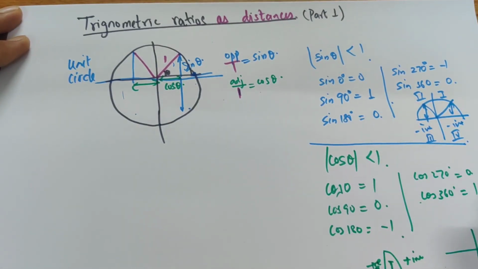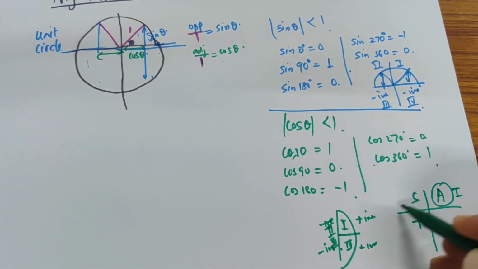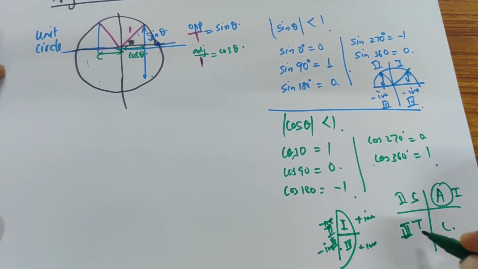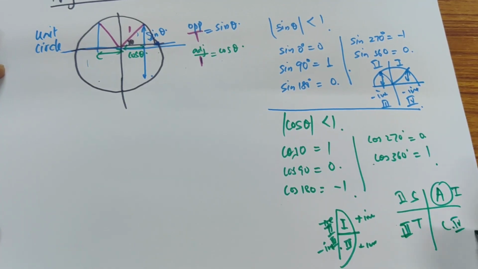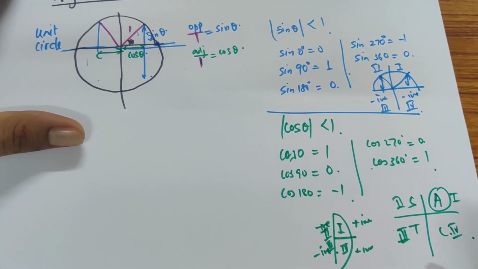I guess people are familiar with that, which means all of them are positive. Sine, cos, everything is positive in the first quadrant. In the second quadrant, it's mostly the sine, so cosecant, that is positive. In the third quadrant, the tan is positive, and in the fourth quadrant, the cos is positive, but sine is negative and tan is negative, and so on.